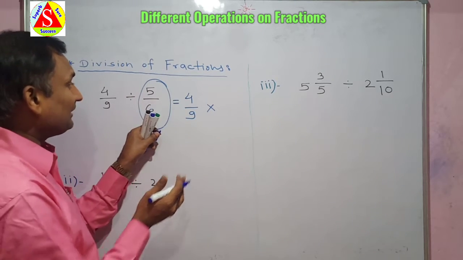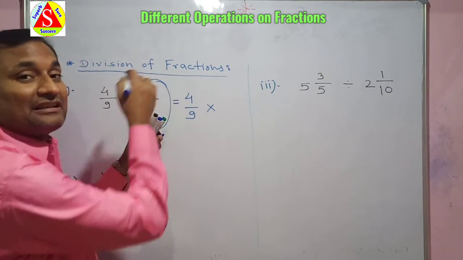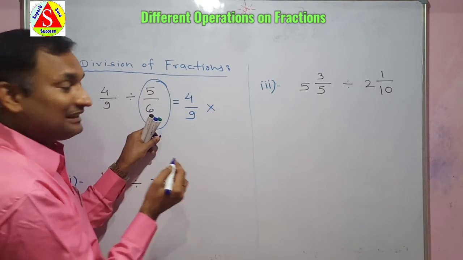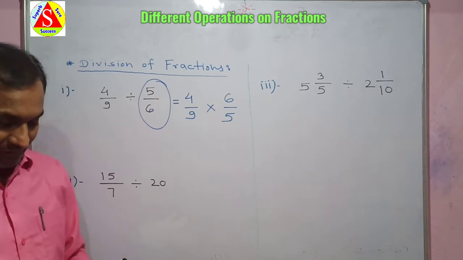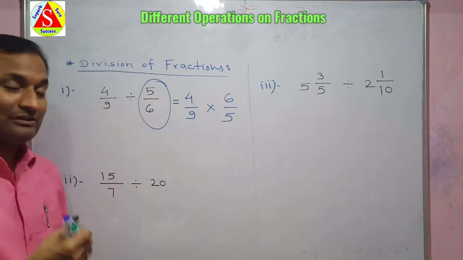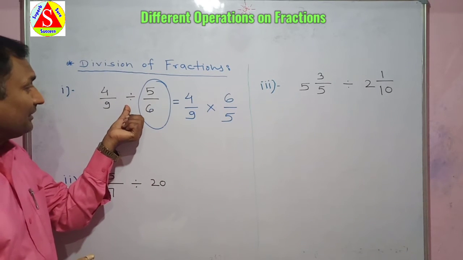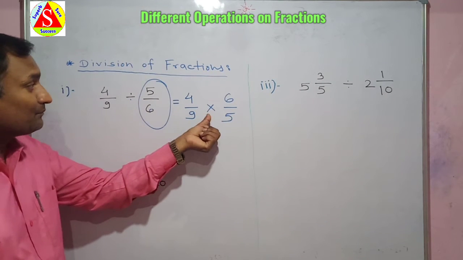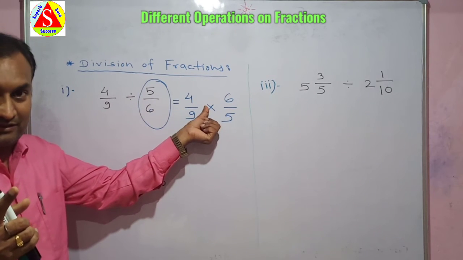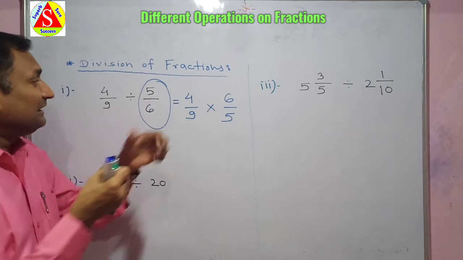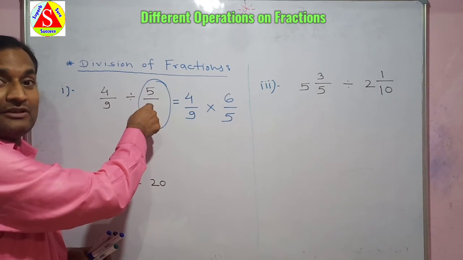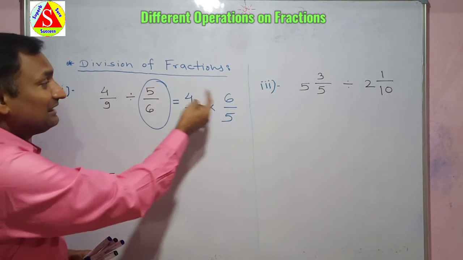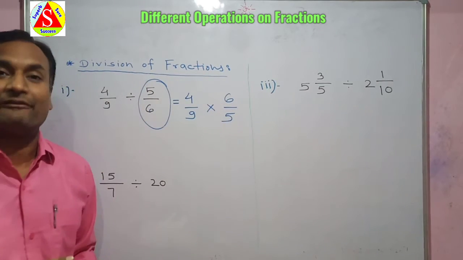So when we find the reciprocal of 5 by 6, we will have 6 upon 5. Again I am telling you, dear students, we have converted the division into multiplication. For that, we have taken the reciprocal of the second term. So in place of 5 by 6, we have written 6 by 5.